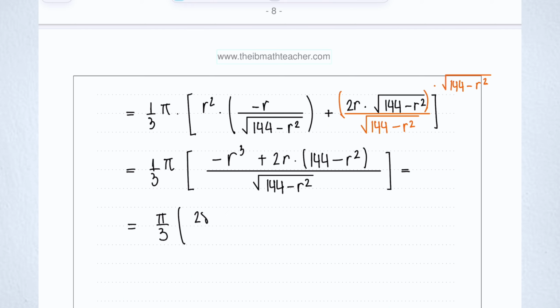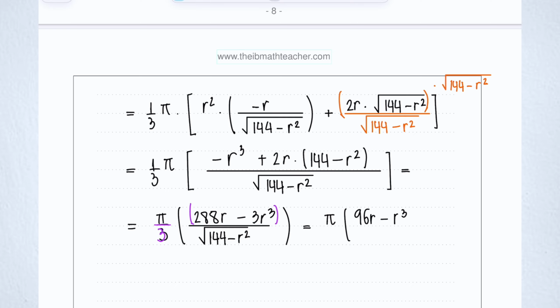So we have 288r minus 3r cubed in the numerator and the root in the denominator. We can simplify this even further by dividing by 3, which gives us pi times 96r minus r cubed over the root of 144 minus r squared.